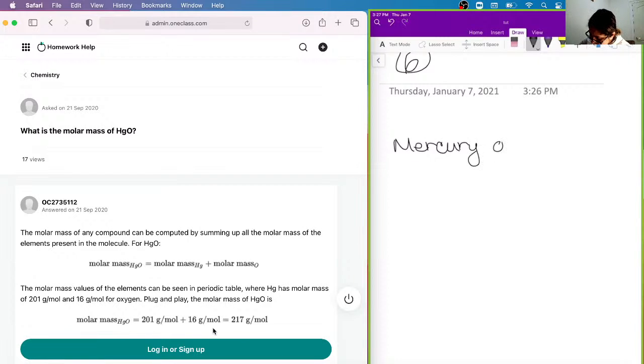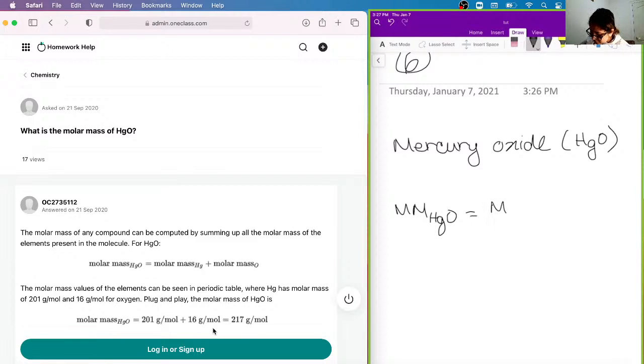The chemical formula for this is HgO, and to compute the molar mass of this, we would have to first break this down into 2 elements. In this case, we have 2.